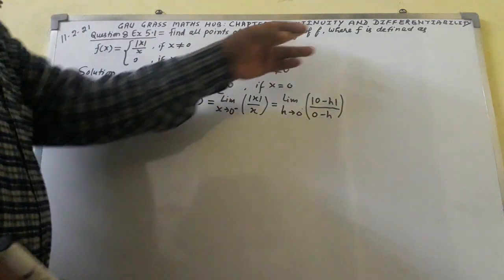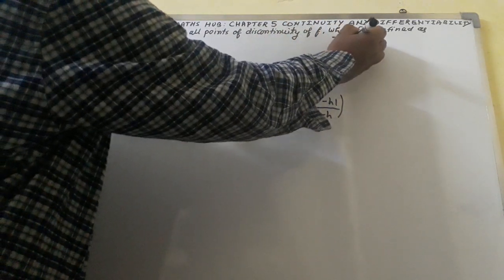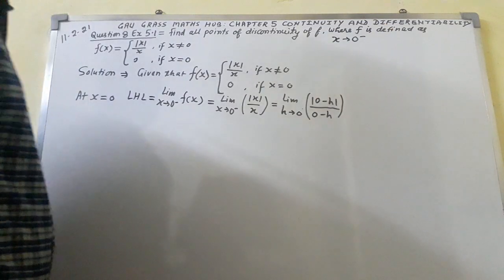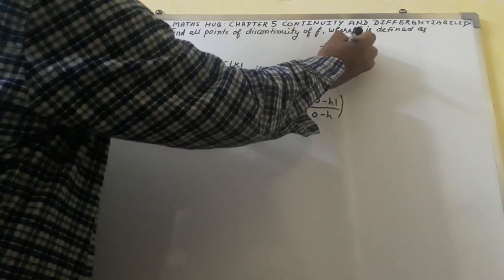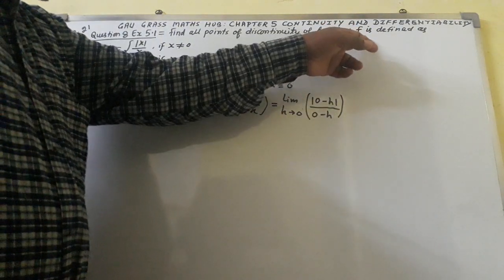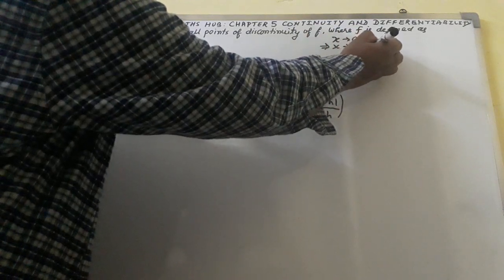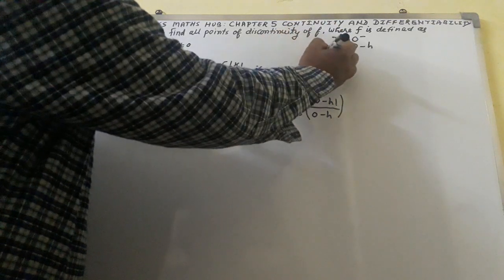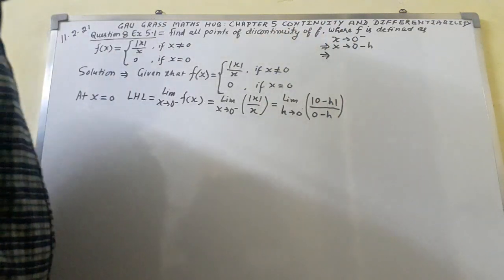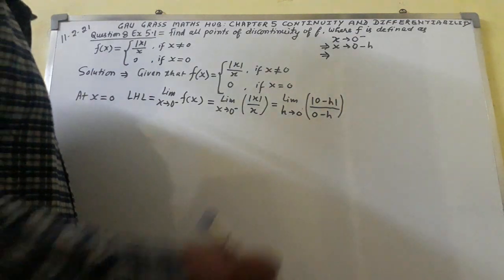I am going to explain it here: if x tends to 0 negative, the minus moves into the center and we write h. Here h is constant, it is fixed.